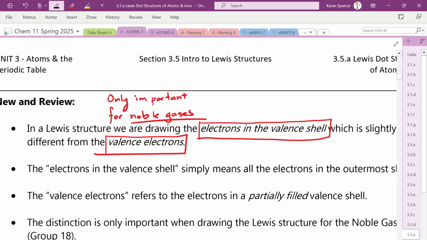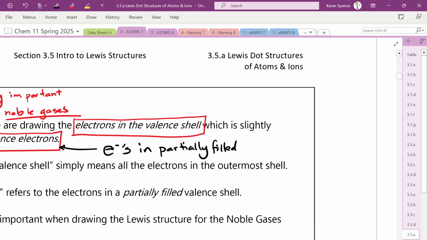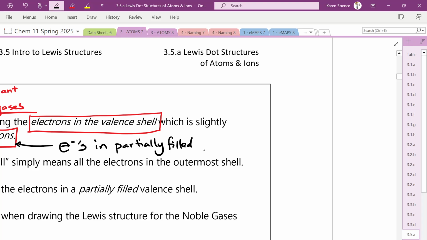Valence electrons are electrons in partially filled valence shells.